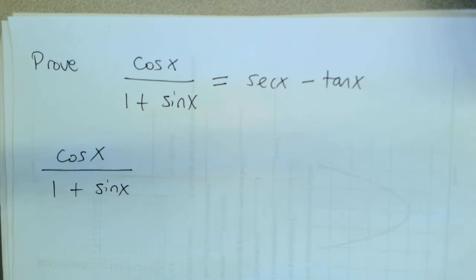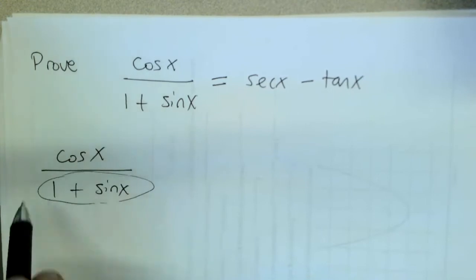The thing I'm going to introduce is sometimes called multiplying by the conjugate. You've seen the phrase conjugate a few times. If you've done complex numbers, then you know the conjugate of A plus BI is A minus BI. Or if you remember simplifying expressions with roots, the conjugate of A plus root B is A minus root B. Basically, the conjugate of an expression like A plus B is A minus B. So what I'm looking at is this 1 plus sine x.